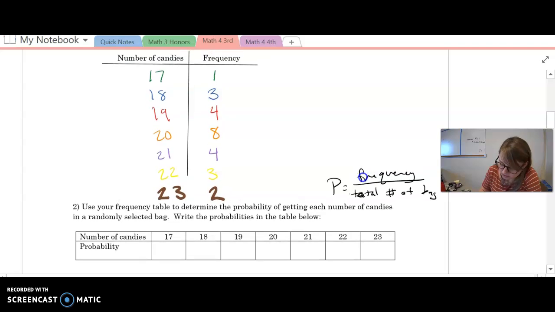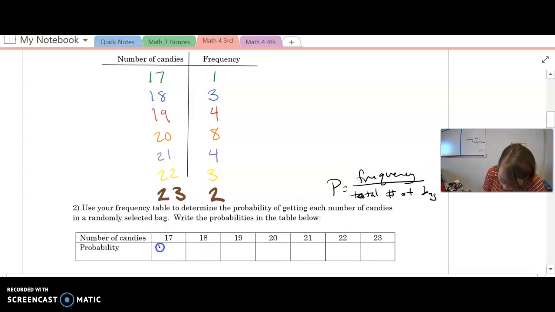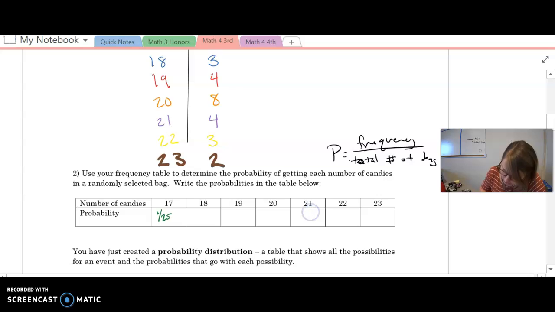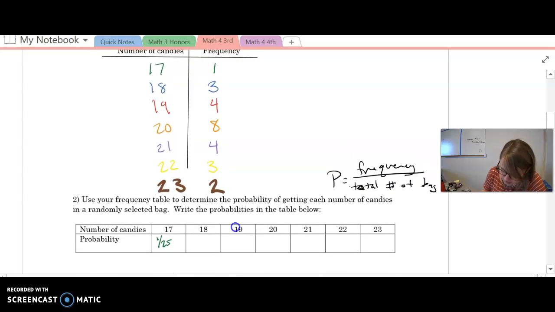So what we're going to do for 17, we're going to do 1 over 25. And then we're going to do the same for all of them. So 18 would be 3 over 25. 19 would be 4 over 25. And I'm getting the 1, 3, and 4 from my frequency table.